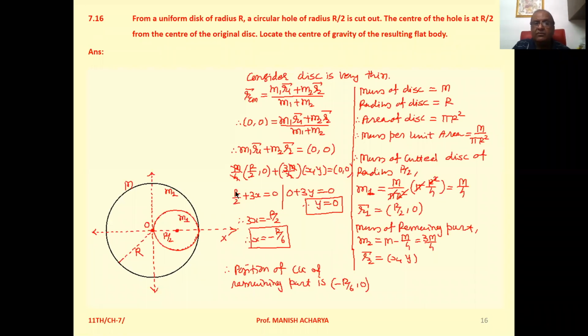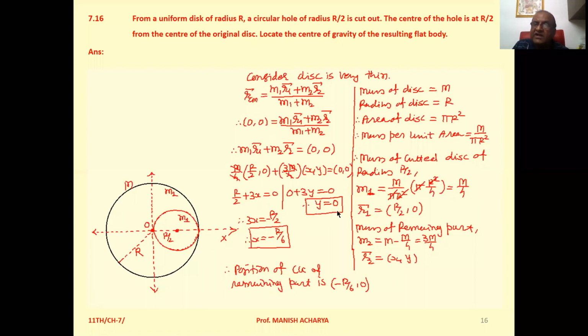Okay. Now take M by 4 common and take it to the right hand side, it will be cancelled. Now compare x and y coordinates on both sides. So here the x coordinate: R by 2 plus 3x, so 3x, equals 0. Then the y coordinate: 0 plus 3y equals 0.